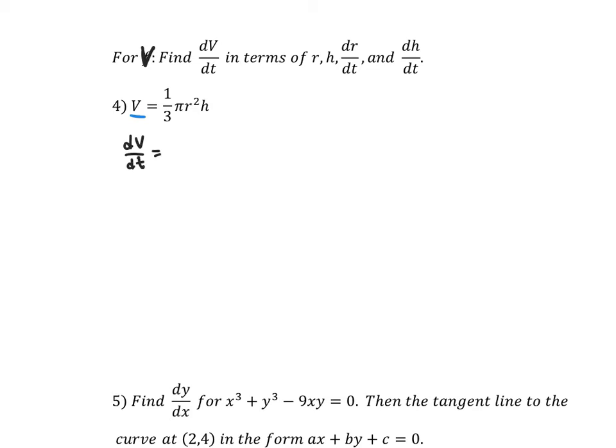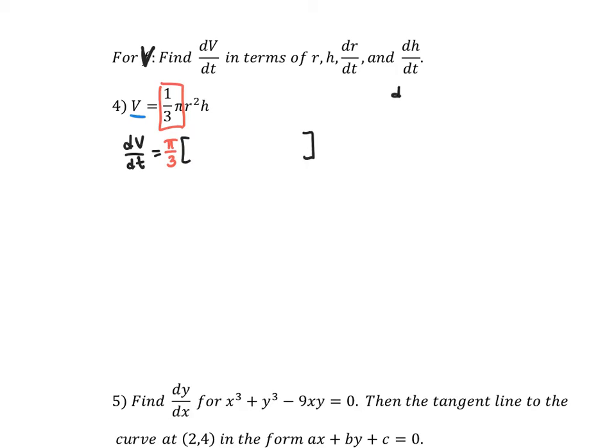Now, in the remaining portion of this problem, I'm going to consider 1/3 pi as a constant that I'm just going to carry out. Okay, and I'm going to take the derivative of r squared times h.